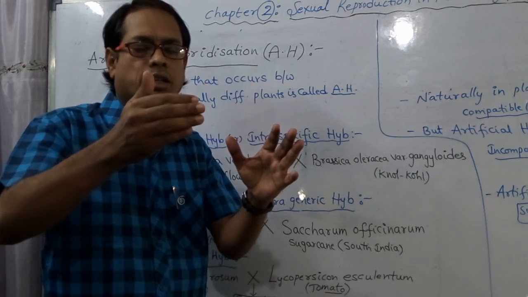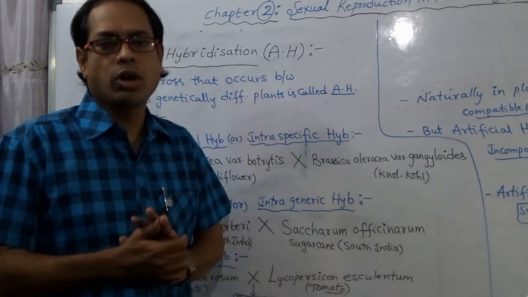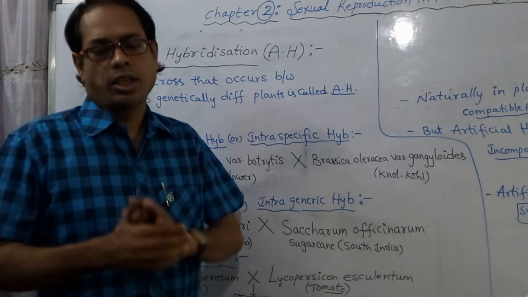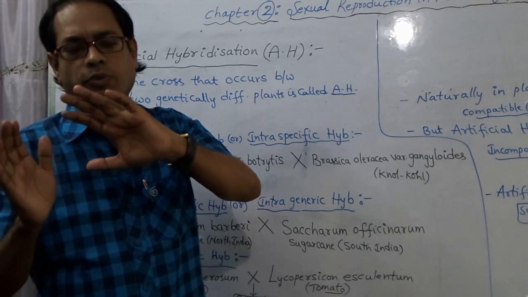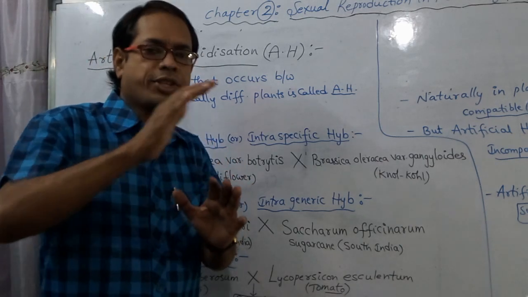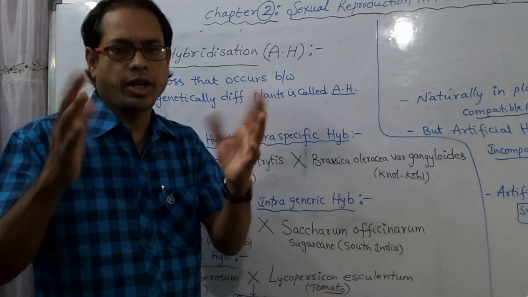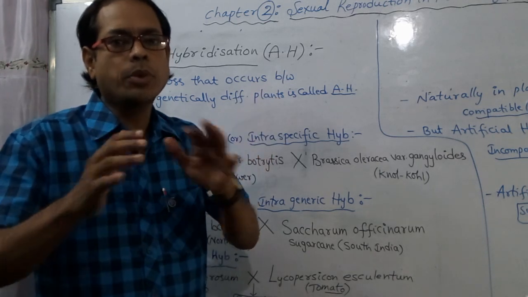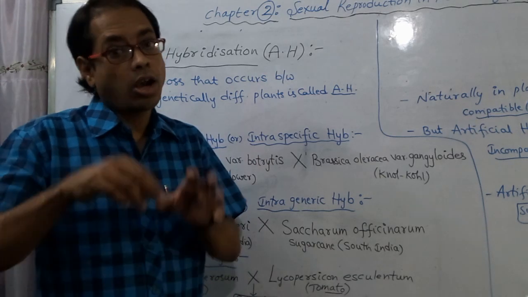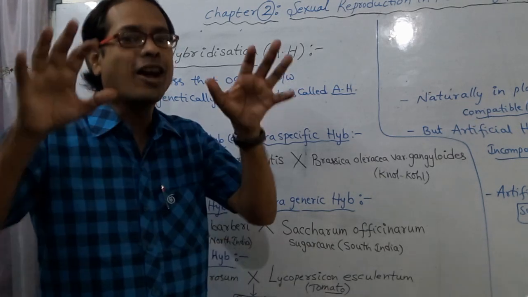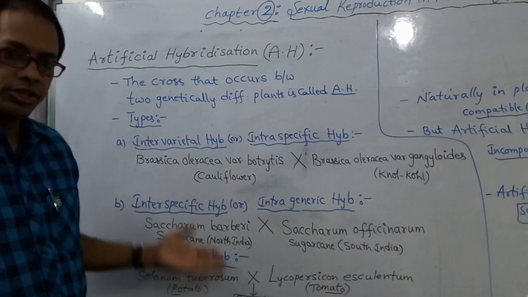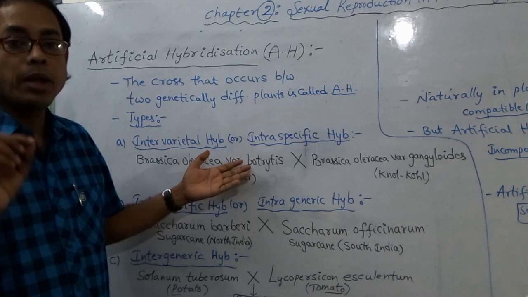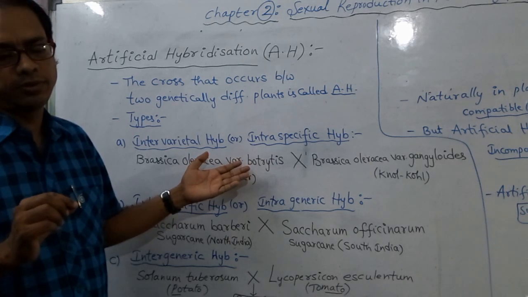It is called compatible pollination. If hibiscus pollen grain falls on datura stigma, it will not germinate naturally. It is called incompatible pollination. This incompatible pollination can be done artificially. See, these are all artificial hybridization, that can be done by manipulation, isn't it?